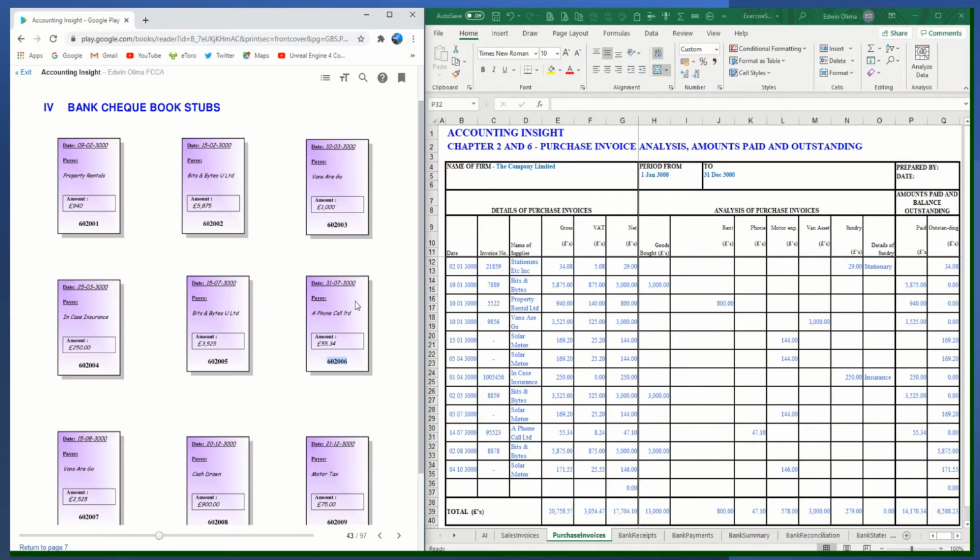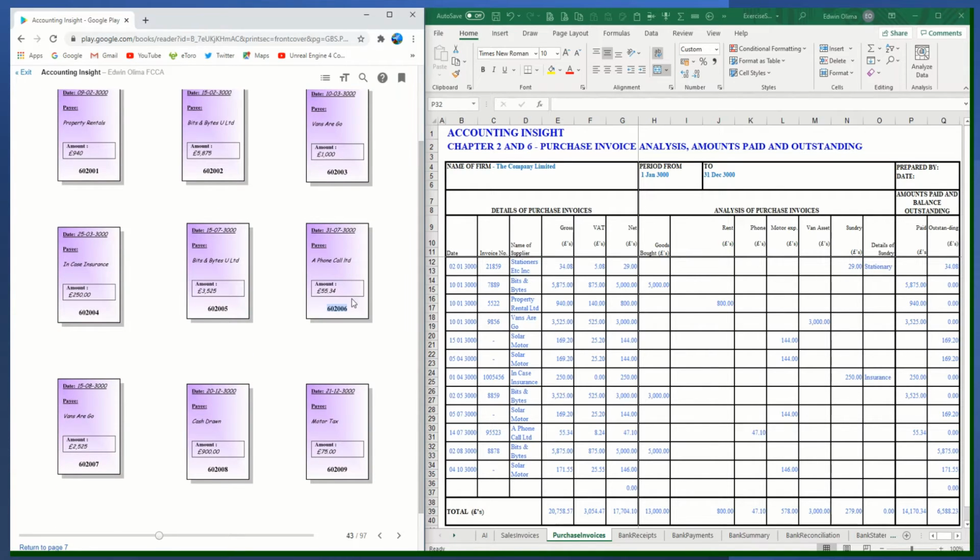So that's the difference between purchases that you get on credit, which you really want to have on your list of purchase invoices, trade creditors, and those that you're paying straight away, where you're not taking any credit. You can just pay them straight out of the bank and debit your profit and loss, or your expense account rather. Okay, so that was going through the checkbook stubs.